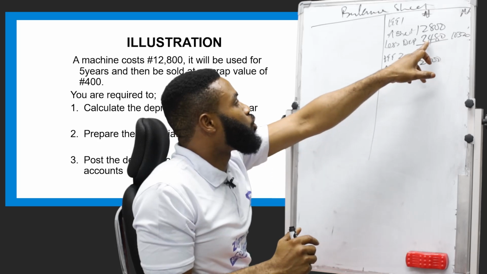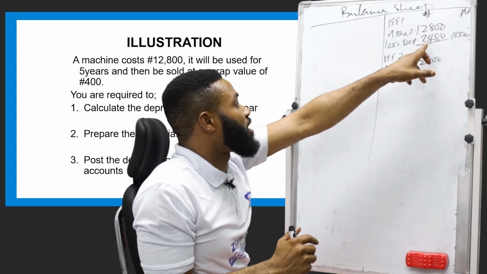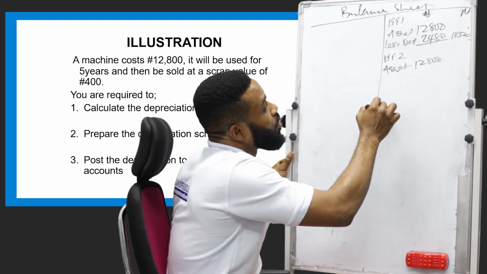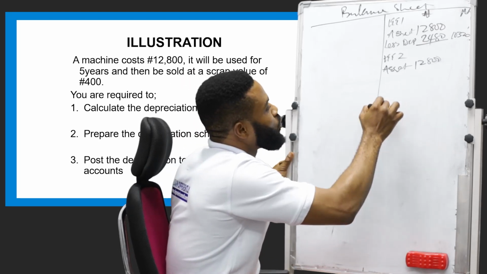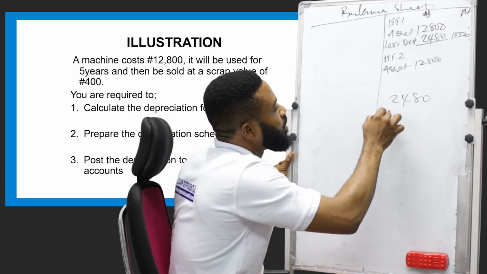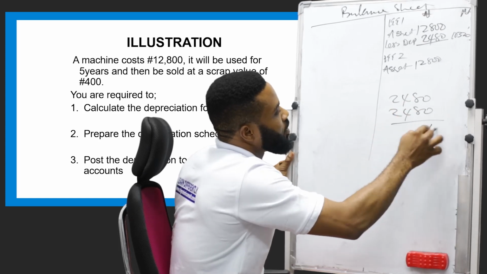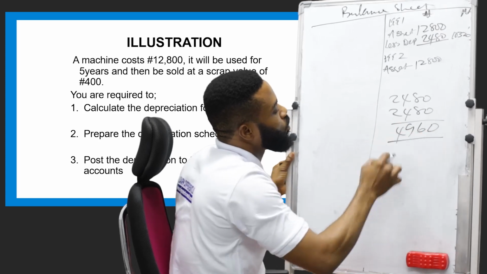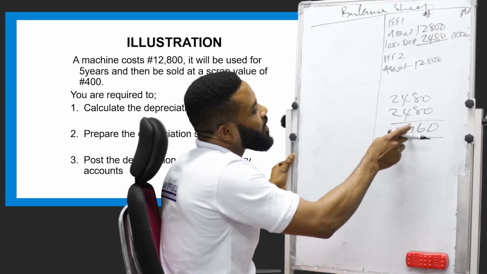That is 2,480 plus 2,480, which is 4,960. So you are going to subtract 4,960.